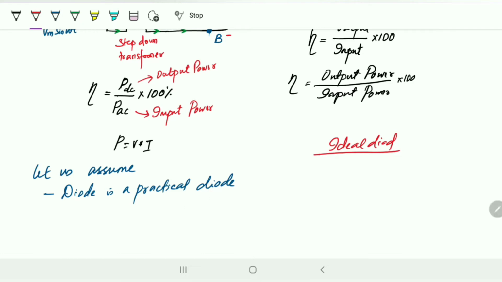So a practical diode means there is an internal resistance, also called the forward resistance for any diode. I am going to consider a practical diode in this derivation, and at times in problems the RF value will be given, so that it is considered a practical diode. For an ideal diode, they will not give any value for RF. They will directly say it is an ideal diode, and in the calculation part you will not include it.